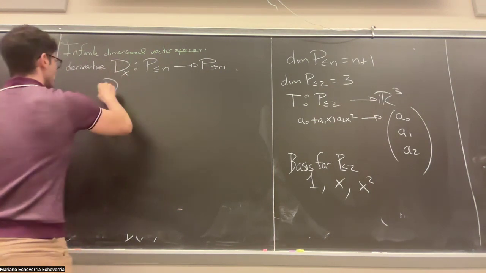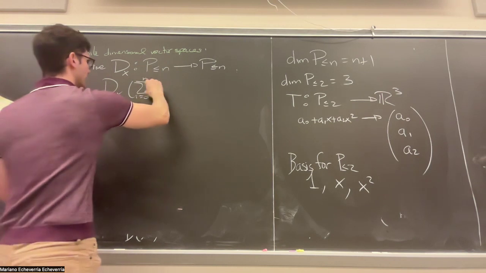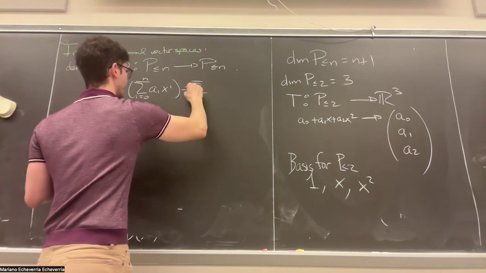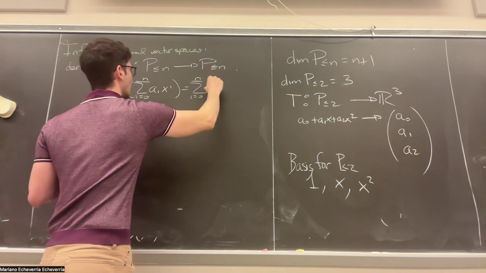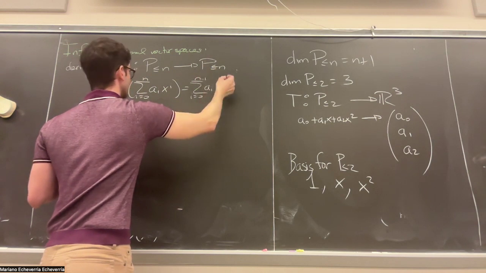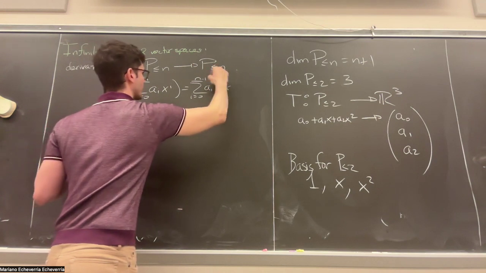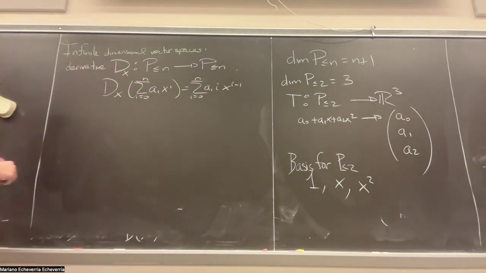So if you have a polynomial of degree up to n and you differentiate it, the derivative lowers the degree of the polynomial, but it continues to have degree less or equal to n, right?